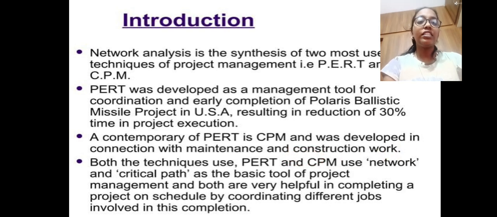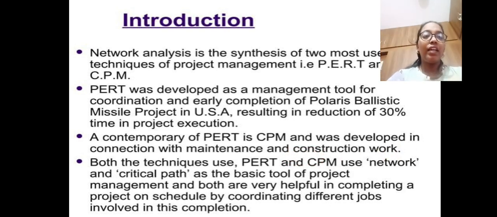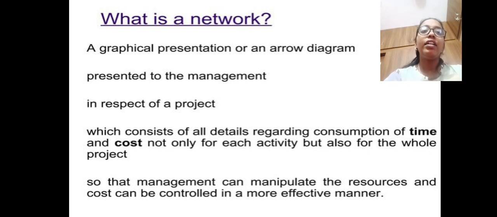PERT and CPM use network and critical path as a basic tool of project management, and both are very helpful in completing a project on schedule by coordinating different jobs involved in the project. Network. What is network?